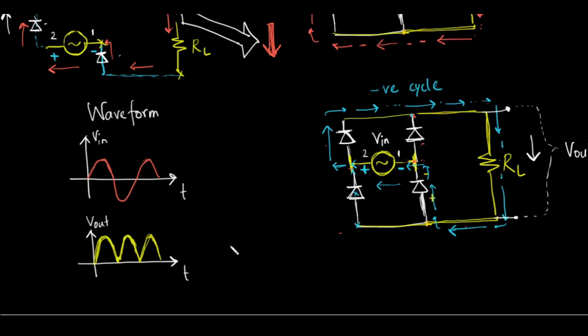Now we have devised a clever circuit that converts that voltage from negative to positive and supplies it to the output. Since this rectifies both the negative part and the positive part of the cycle, this rectifies the full wave of the input. This is called a full wave rectifier.